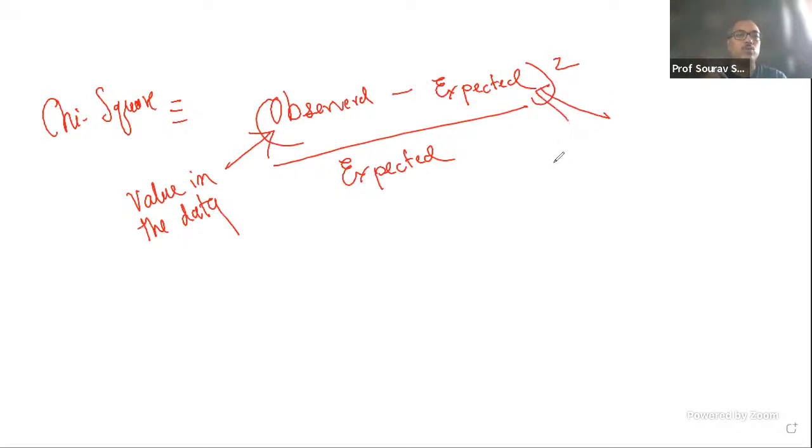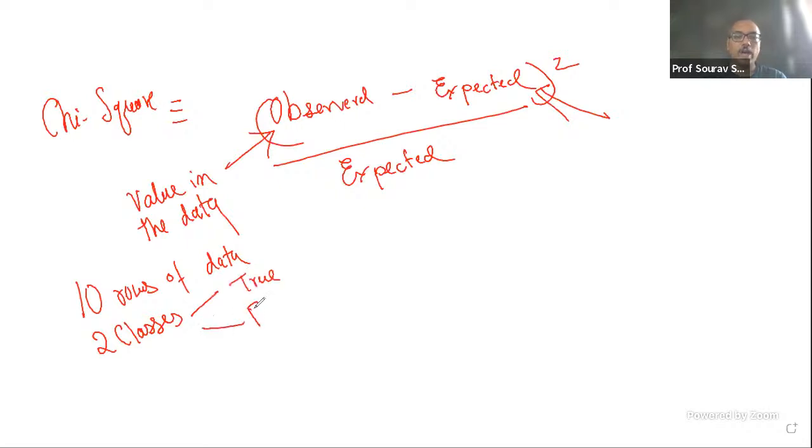Expected is the value, I repeat, expected is the value which will be there if you assume that all the classes are equally likely. So let's say that you have 10 rows of data, two classes, true and false, right?